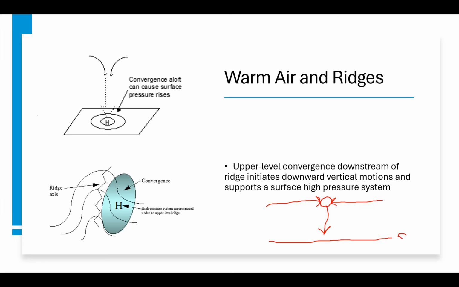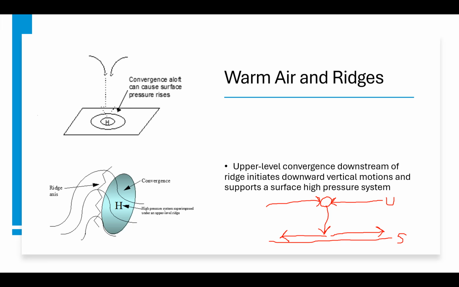I'll make the surface an S, and I'll make the upper levels of the atmosphere a U. So we have the air coming together, upper level converging air. Then that's going to result in sinking, downward vertical air motion in the atmosphere. And as this downward vertical air hits the surface, it's going to spread out, resulting in low level divergence, or the spreading out of this air.